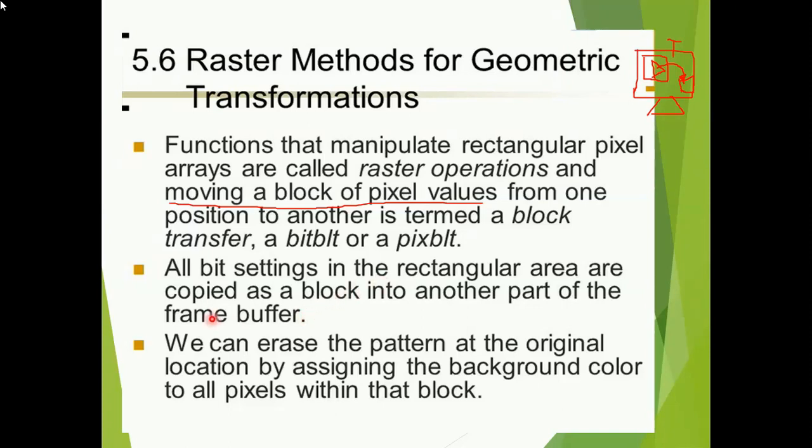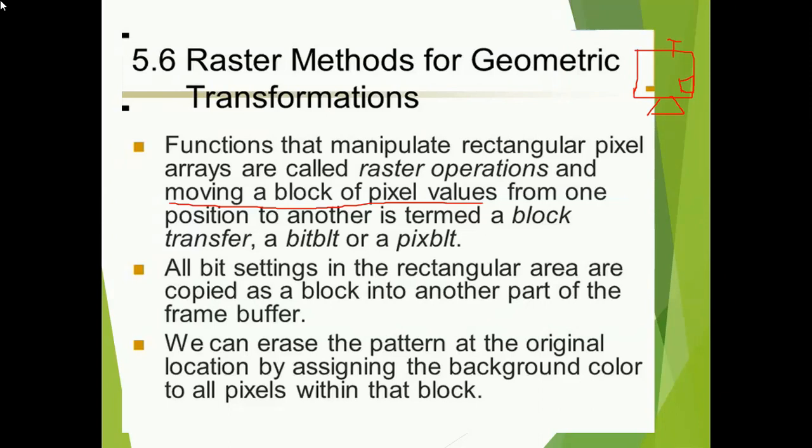Now, what exactly do you do when you transfer the pixel information? As I said, when you move or translate the object from one position to another, you may have to erase the older location. When you erase it, you are erasing the values in the frame buffer as well.